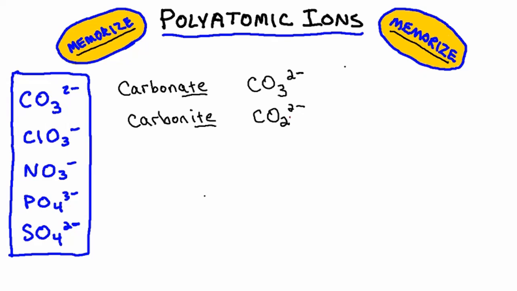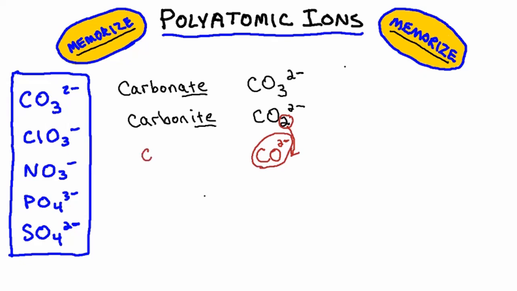But what if we remove another oxygen? What if we take these 2 oxygens in the carbonite and we remove one, and now we just have plain old CO with a -2 charge? We could put a 1 down here for 1 oxygen, but it's not really necessary because you don't really write the 1s. They're just implied. So let me erase that. So CO with a -2 charge.